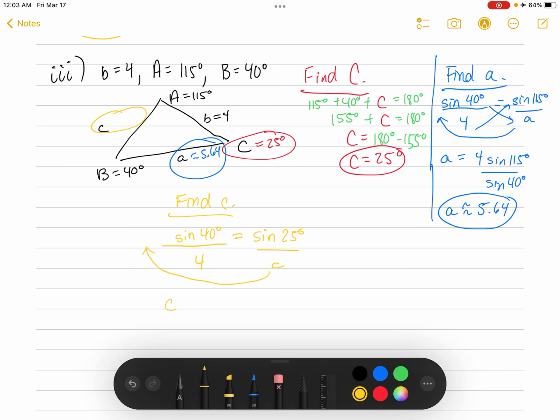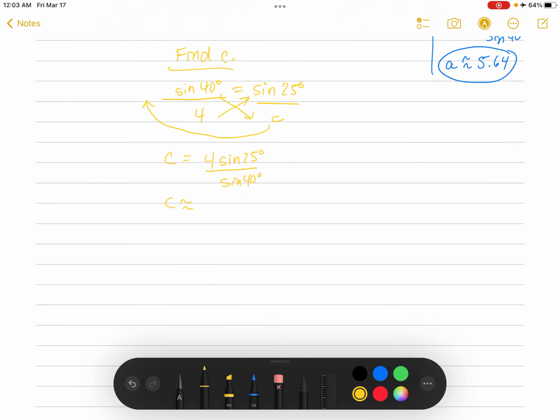Cross multiplying, I bring the little c up top on the left, bring the 4 up top on the right, and the sine of 40 down on the right. So I get on the right 4 sine of 25 divided by the sine of 40.